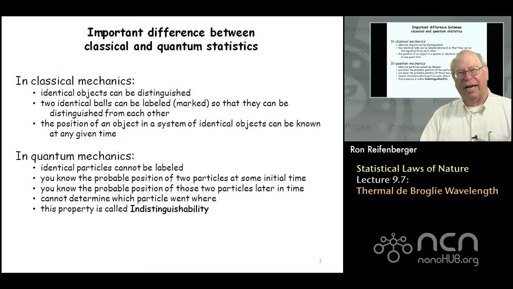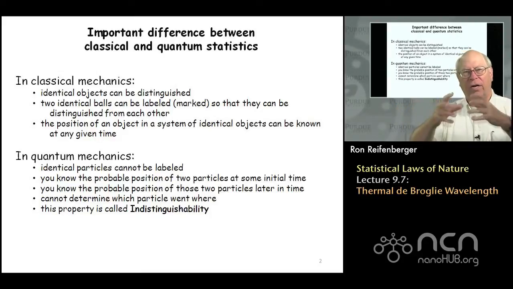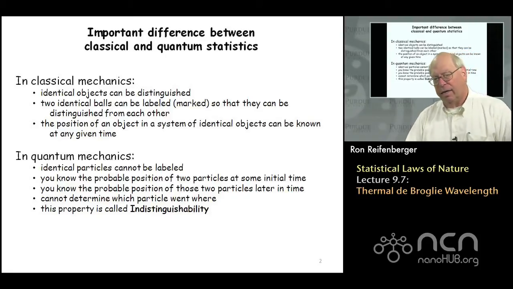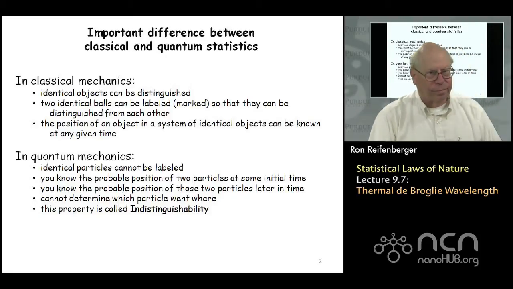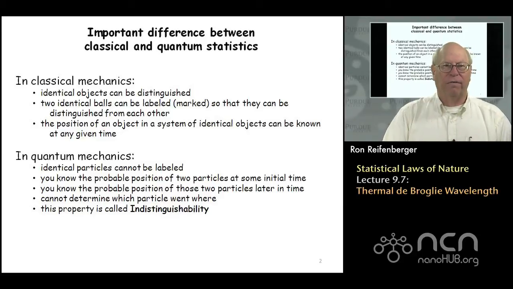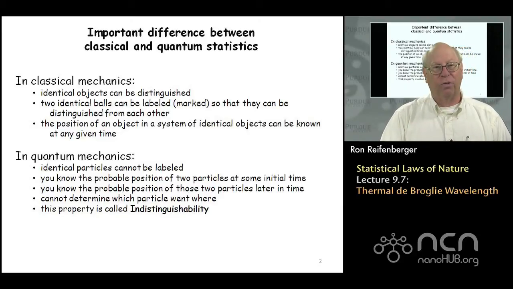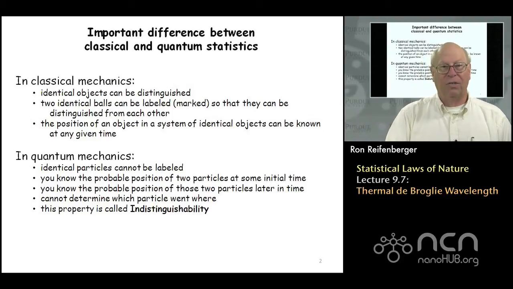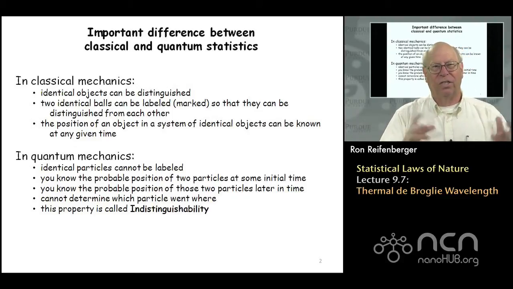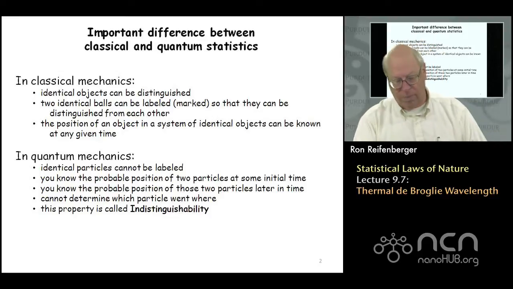All you can do is calculate probabilities that the particle will be at a certain point at a certain time. And this characteristic of a quantum system is often referred to as indistinguishability, and it's to be contrasted to the distinguishable nature of classical particles.